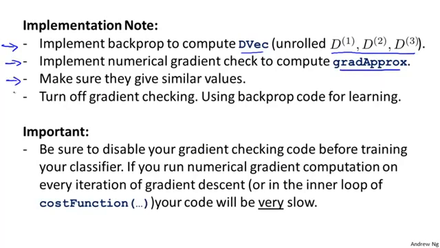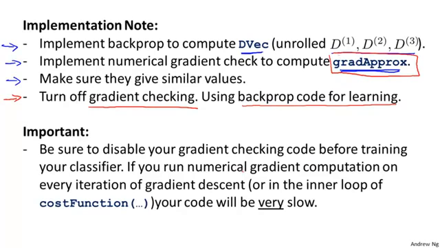Then you should make sure that dvec and grad approx give similar values, let's say up to a few decimal places. And finally, and this is the important step, before you start to use your code for learning, for seriously training your network, it's important to turn off gradient checking and to no longer compute this grad approx thing using the numerical derivative formulas that we talked about earlier in this video.